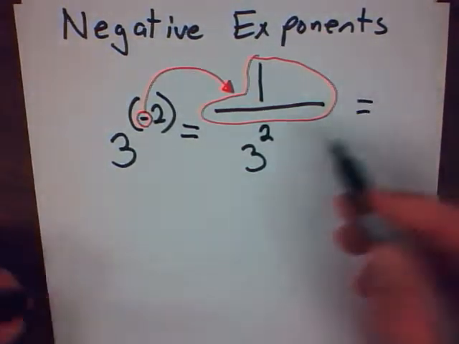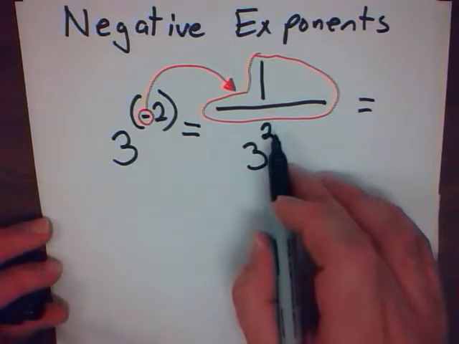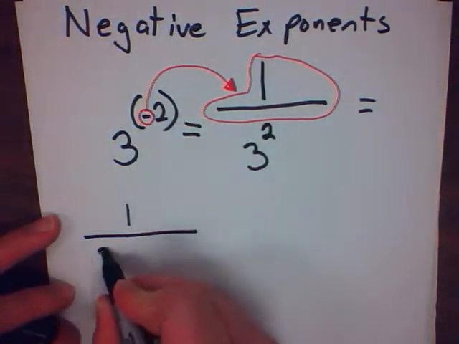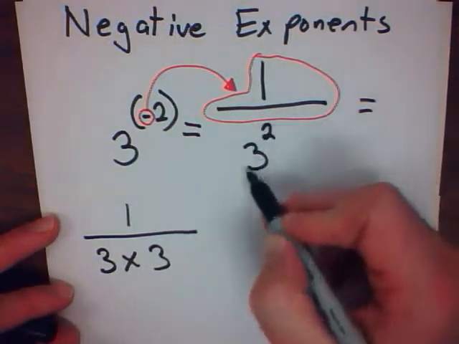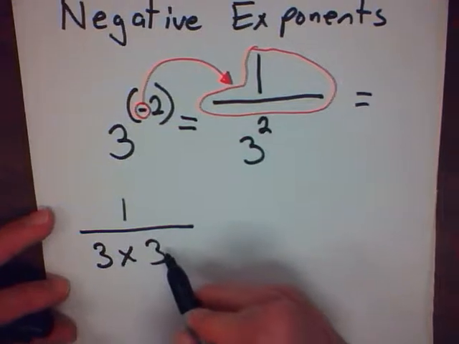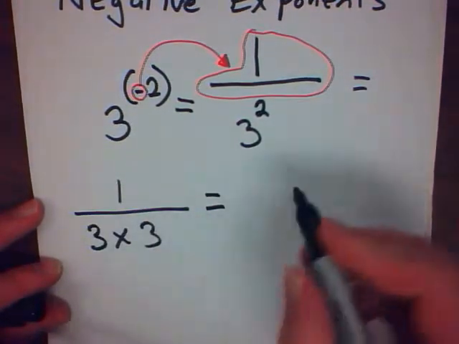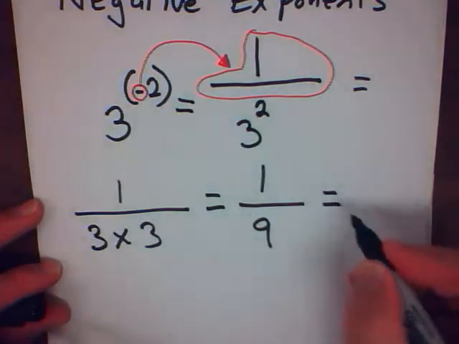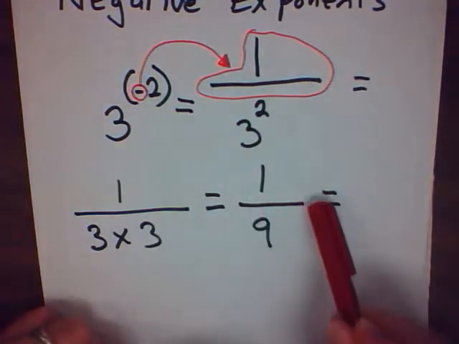What's next? Well, I know that I can write 3 to the power of 2 differently. I can write out its long form. I can write it out as 3 times 3. The fraction bar is still there, and this is now 3 times 3. Well, I can continue. 1 over 3 times 3, well, that's 1 over 9. And as we've learned earlier, this is division.